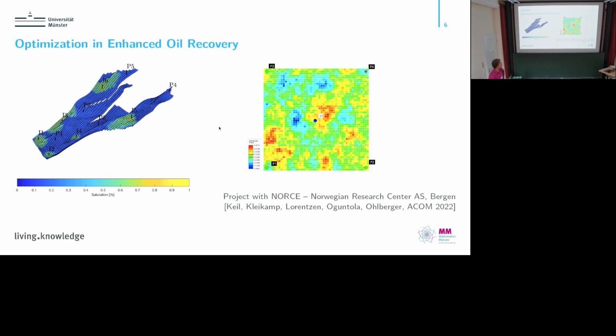This is a research institute in Bergen, and they are investigating oil recovery, and this is enhanced oil recovery, so the third phase of oil recovery, and they wanted to optimize injection and production wells in order to get the most profit out of this oil field. So this is the application behind, and this is a black oil model with a three-phase, four-component, multi-phase flow problem with a lot of nonlinearities interacting. I will also not go into these details.